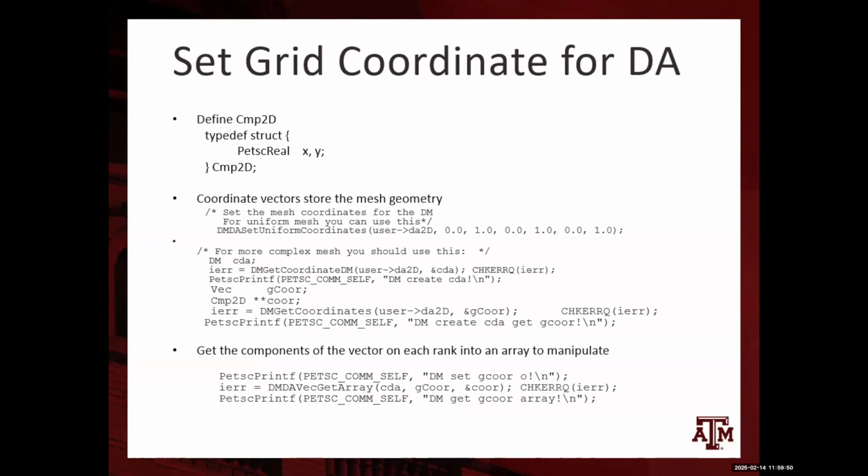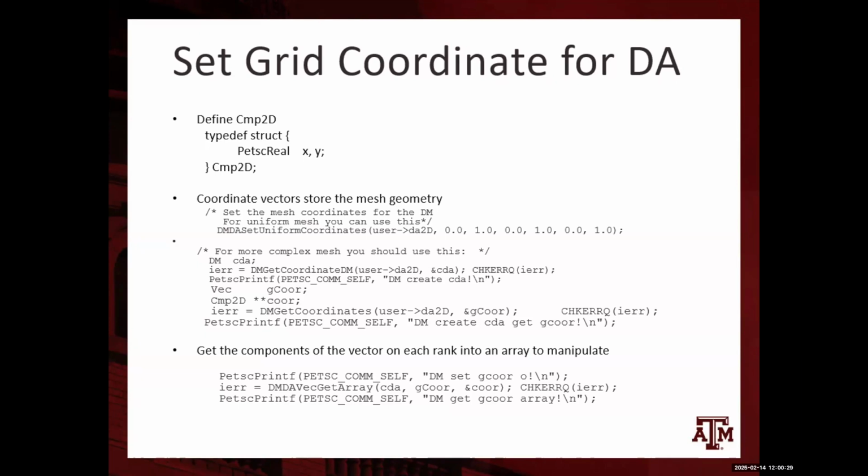Here we are interested in creating the grid coordinates for our DM. To do this, PETSc has some tools: DMGetCoordinateDM. You get the coordinate data management because your DM might have only 1 degree of freedom, but how many degrees of freedom might your coordinates have?